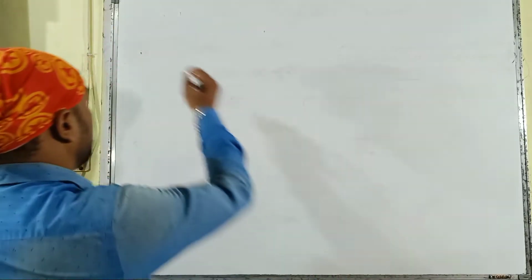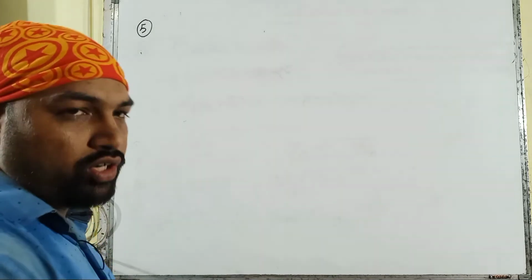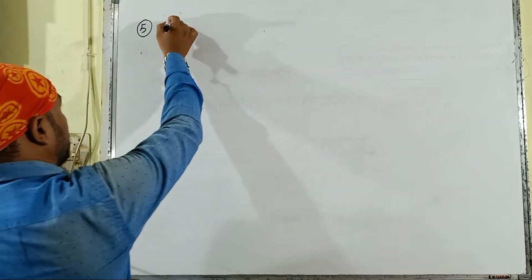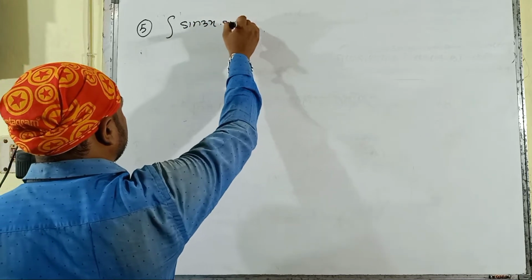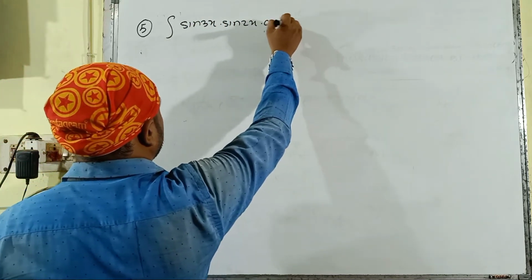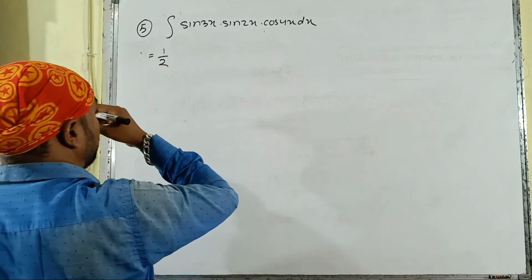Now let us come to the last problem of this integration of some more trigonometric functions. Here the integral contains 3 trigonometric functions. So first of all we have to solve for the first 2 trigonometric functions.